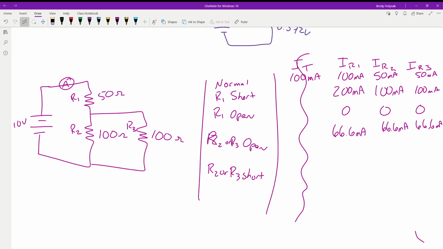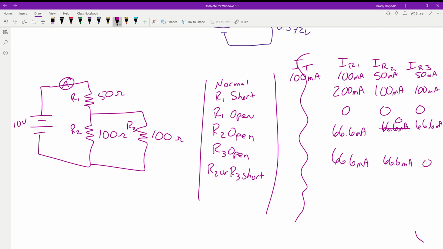It'll be either or. So this actually turns back into our two options. And the only difference being... Okay? So what we're doing is we're just creating our chart.